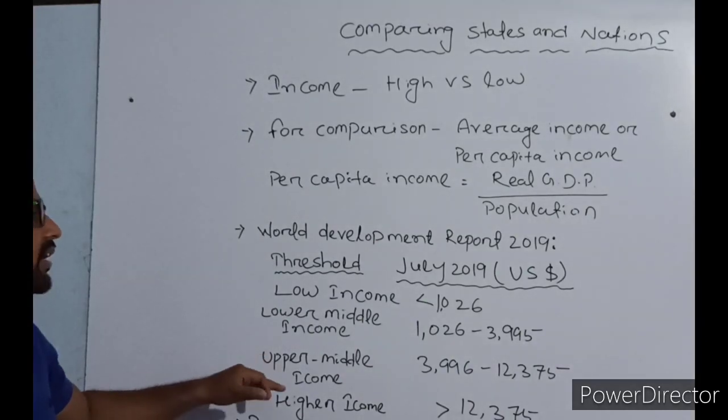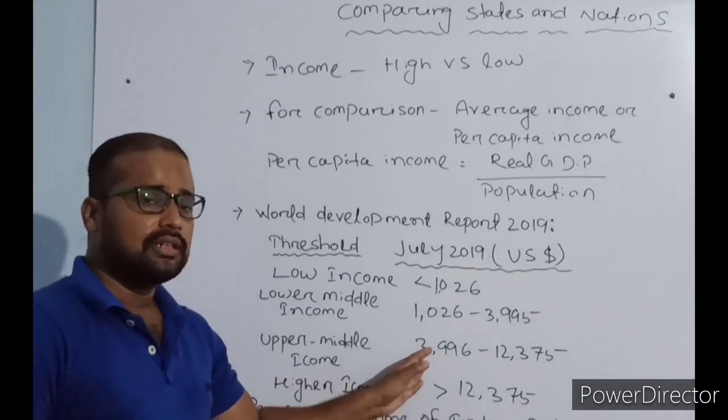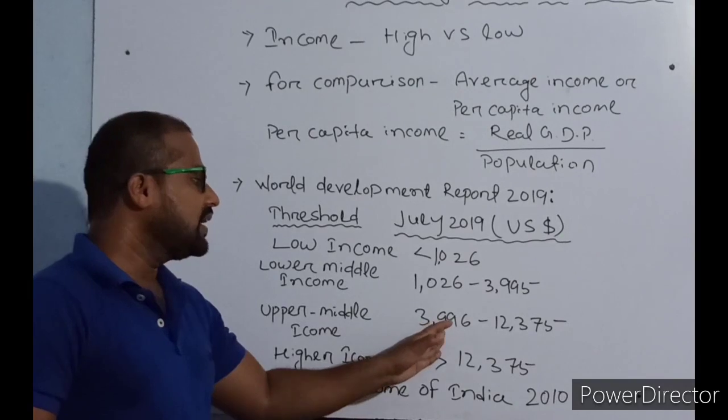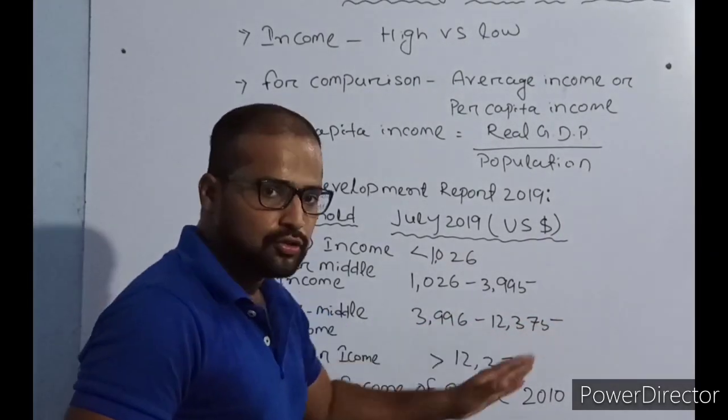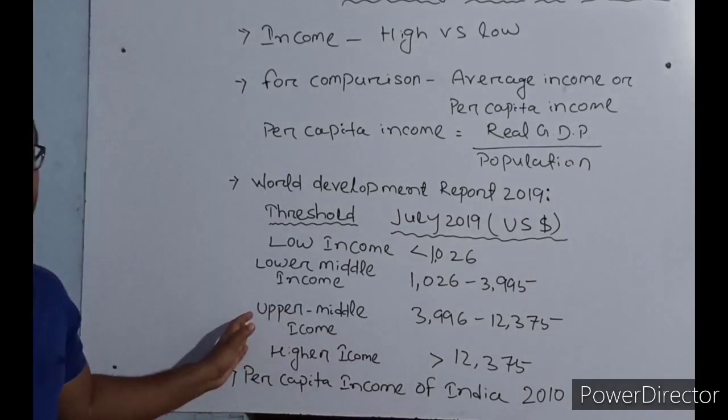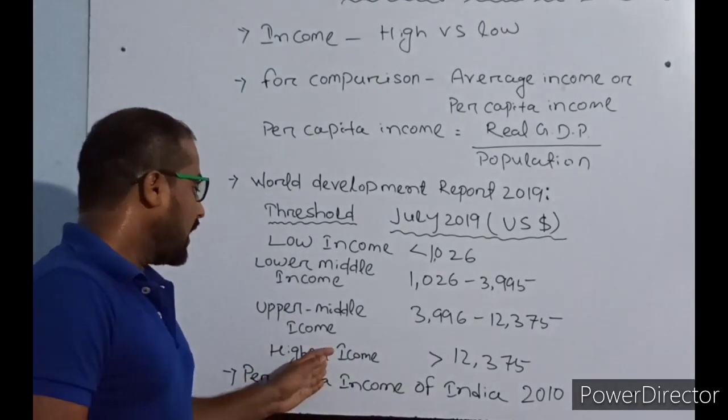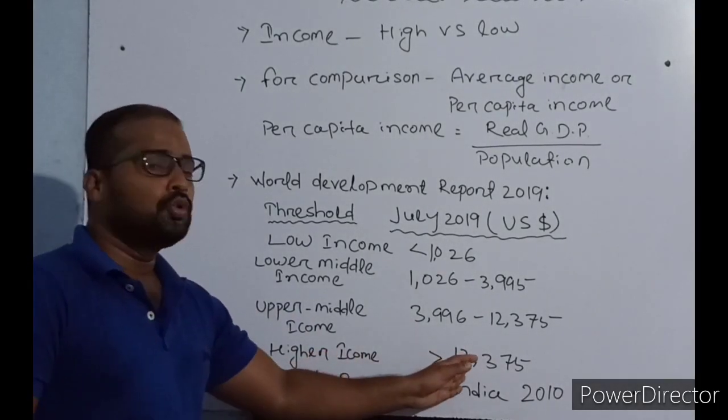And the upper middle income group means those whose per capita income is 3996 to 12,375 US dollars.